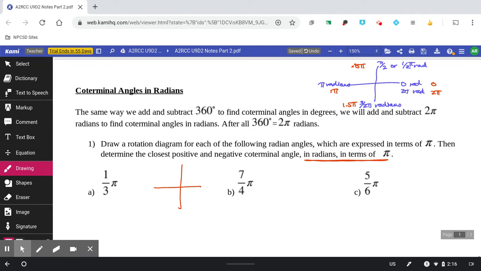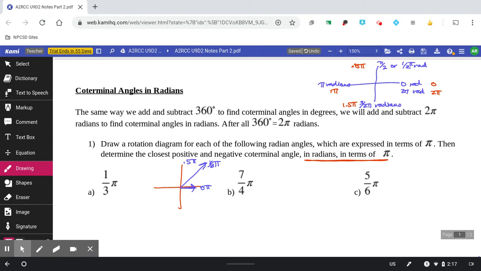So here we're going to start, of course, with our initial side, and we have 0 pi radians, and then 0.5 pi radians, or 1/2 pi. Well, if you're good with fractions, you know that 1/3 is in between 0 and 0.5, right? So this is 1/3 pi over here.